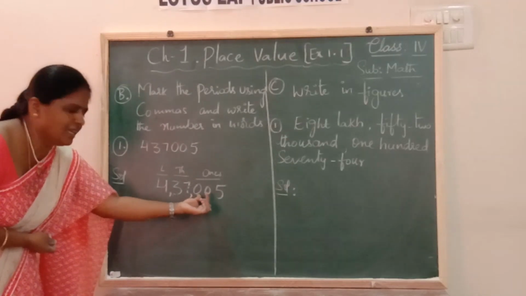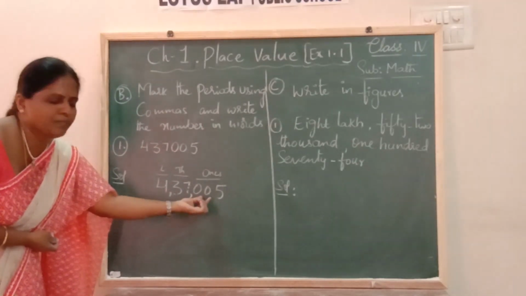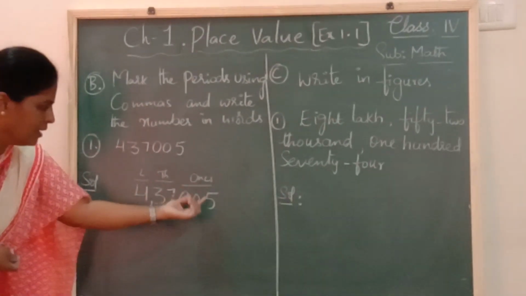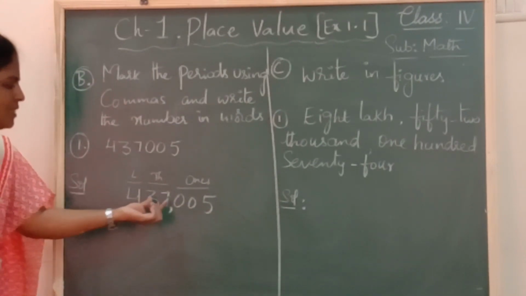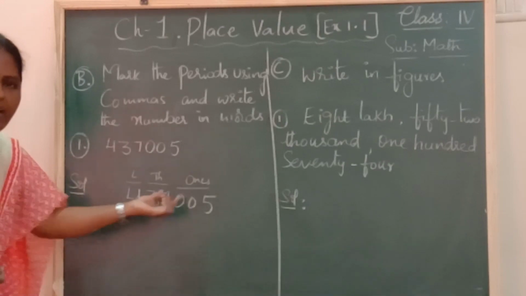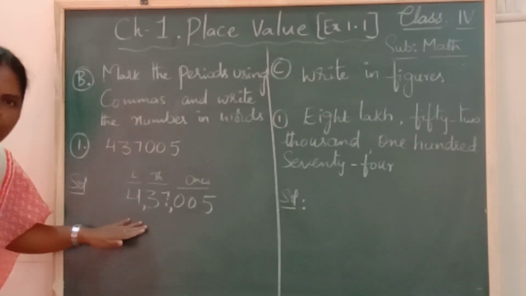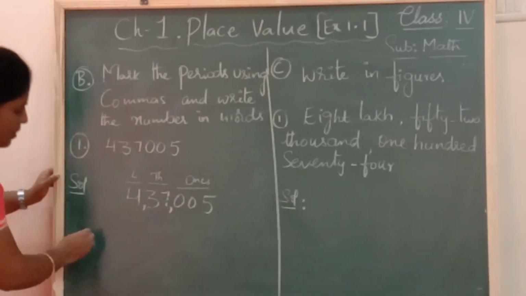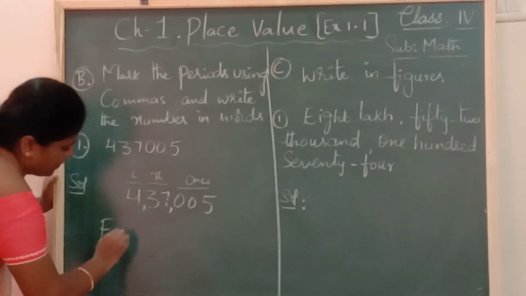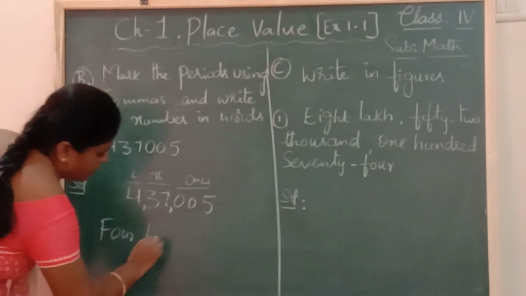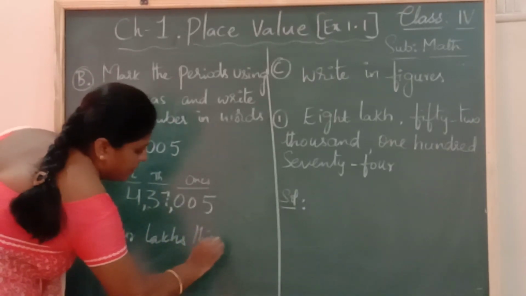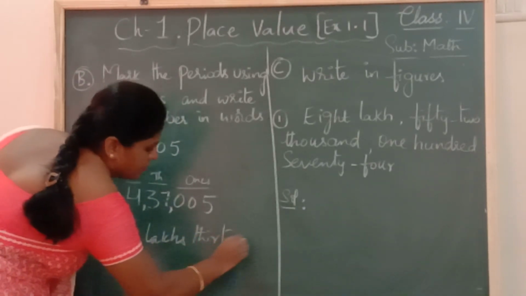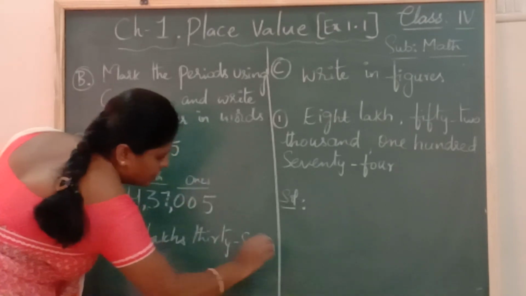And then nothing is there in the hundreds and tens places, only 5 in the ones. So how do I read this number? 4 lakhs 37,005. The same thing you write in words, children. 4 lakhs 37,005.